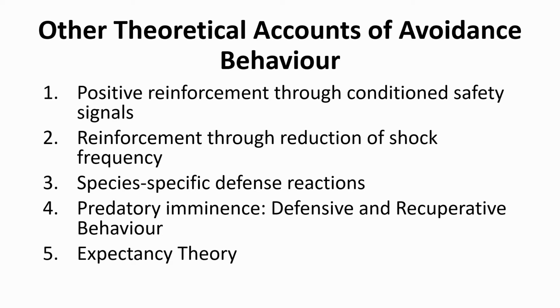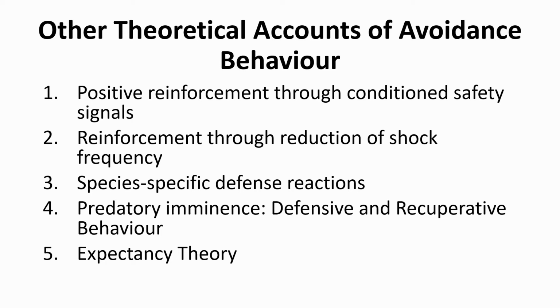And knowing that we have this safe period can itself become reinforcing, because doing that behavior means that we know we won't receive any kind of aversive stimulus for a set amount of time. So those stimuli that let us know that we are now safe can be called safety signals, and they serve as positive reinforcers.